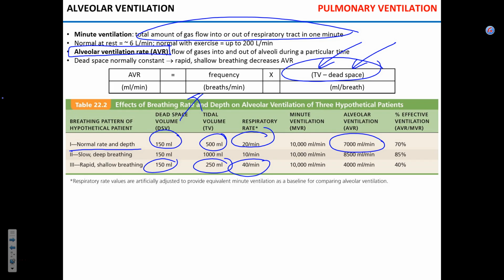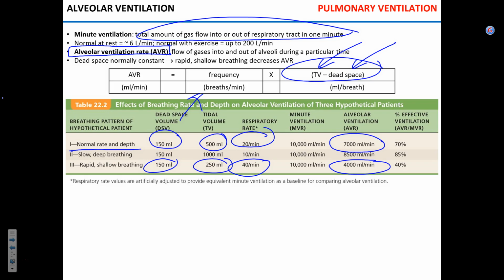So if tidal volume is 250 and your dead space is still 150, how much air reaches the alveoli with each breath? 100 multiplied by 40, you will get 4 liters. So your shallow breathing will actually decrease the pulmonary ventilation. Does that make sense? The alveolar ventilation rate.